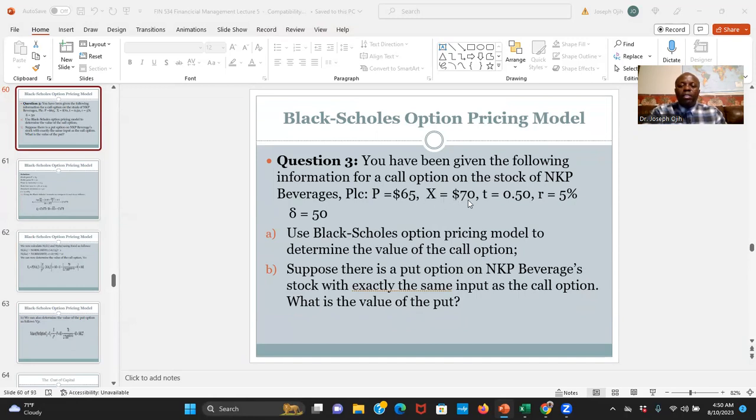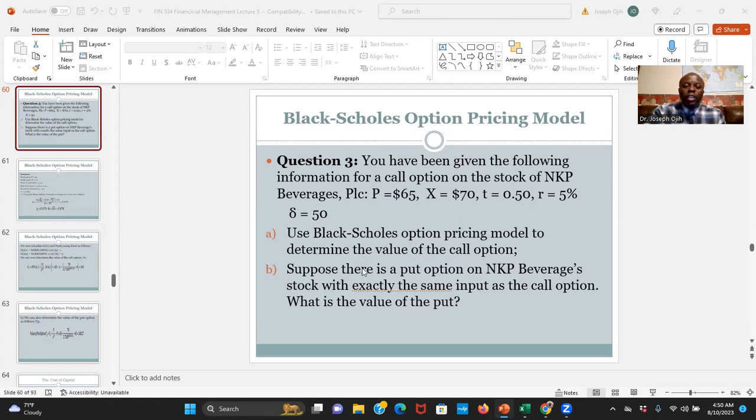Strike price is $70. Time to expiry is 0.5, I mean 6 months. The risk-free rate is 5%. Standard deviation is 50%. Use the Black-Scholes Option Pricing Model to determine the value of the call option.